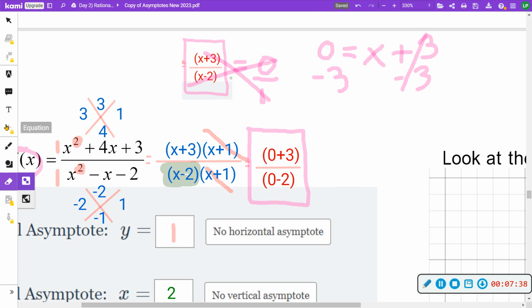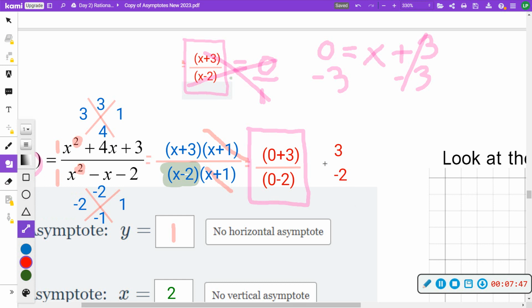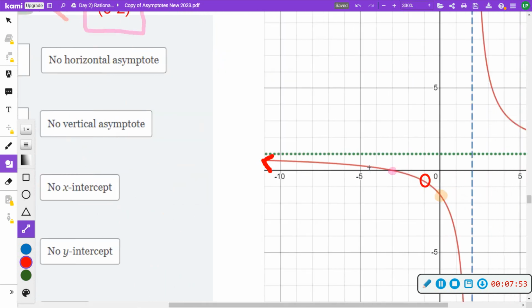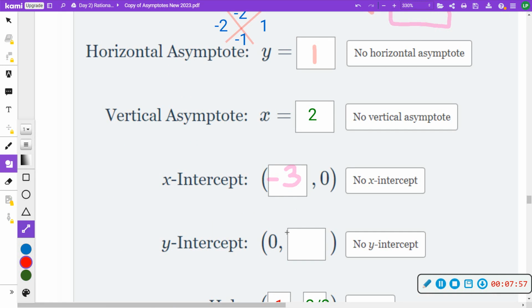So I would get 3 on top, negative 2 on bottom, and that'd be negative 1.5. So it looks like my y-intercept is at negative 1.5. Does this look like negative 1.5? Yes, it does. So there's my y-intercept.